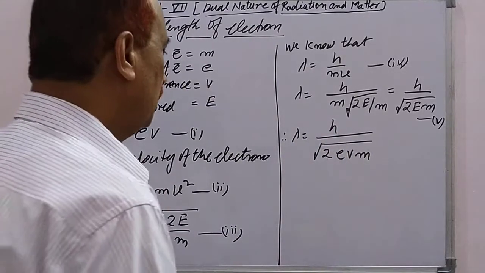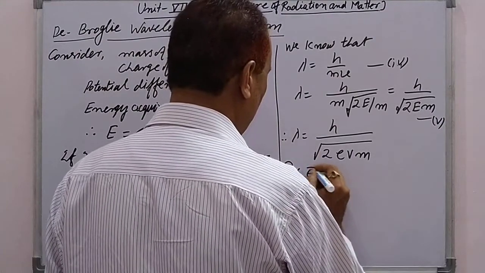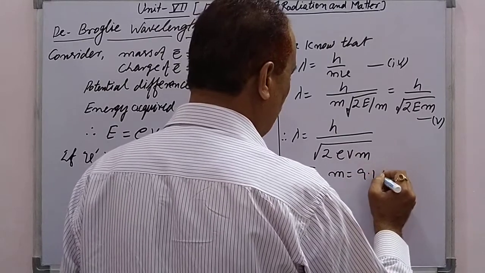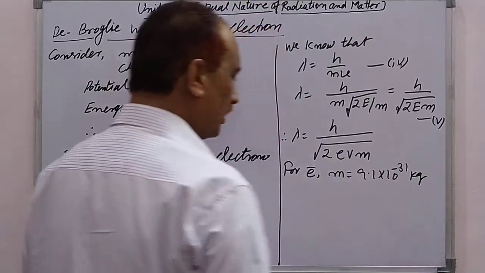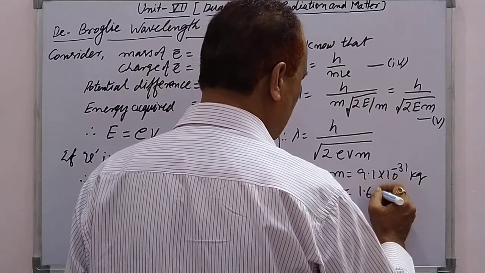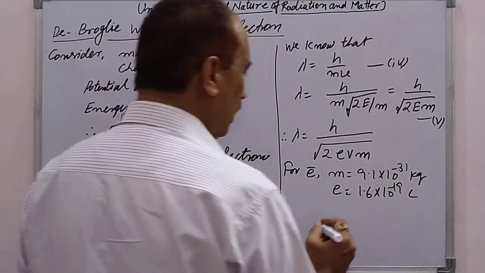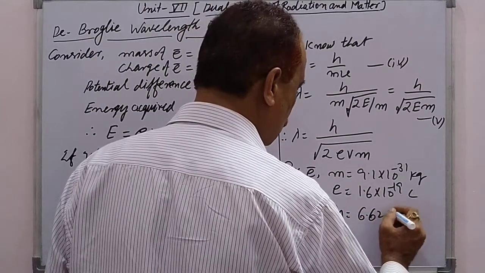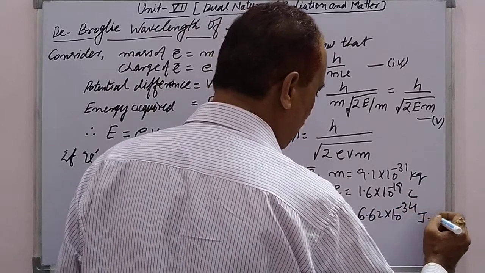Now if we put the values for the electron, the mass of the electron is 9.1 × 10^-31 kg, the electronic charge is 1.6 × 10^-19 coulomb, and h, the Planck constant, is 6.62 × 10^-34 joule second.